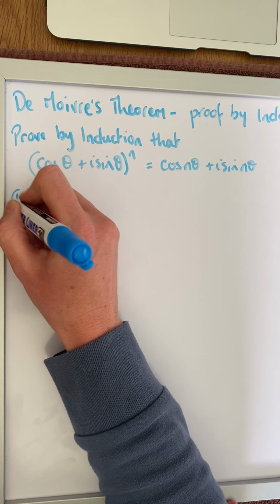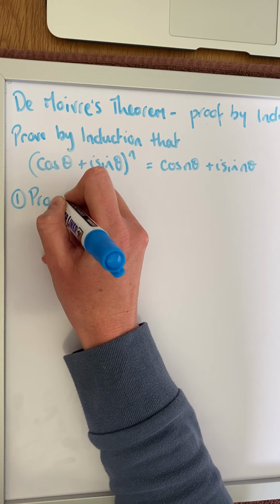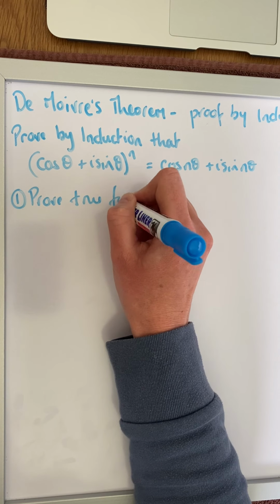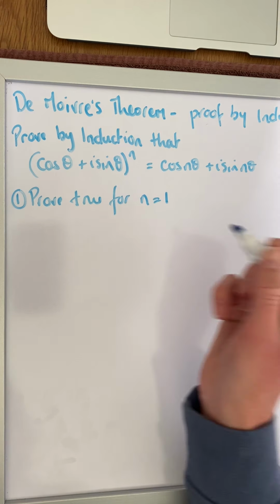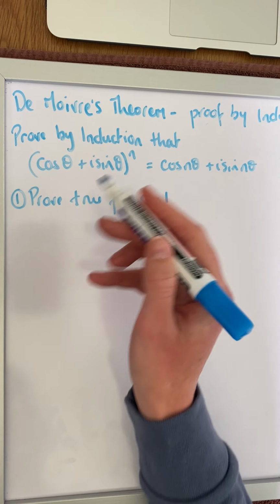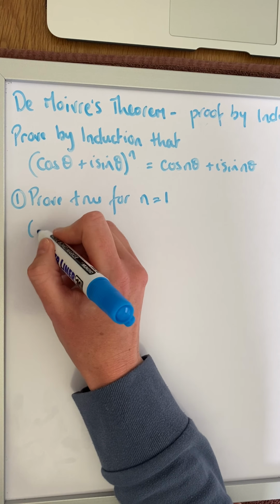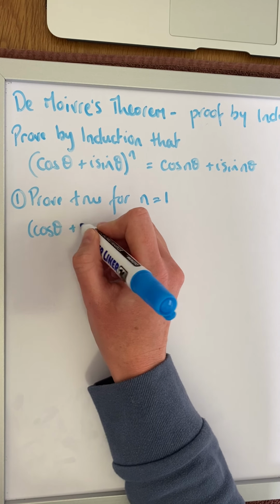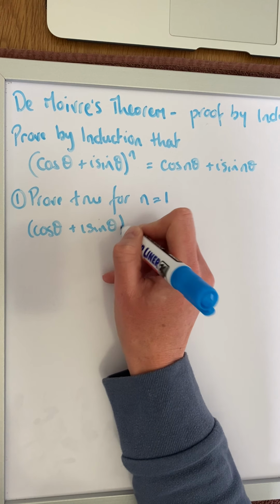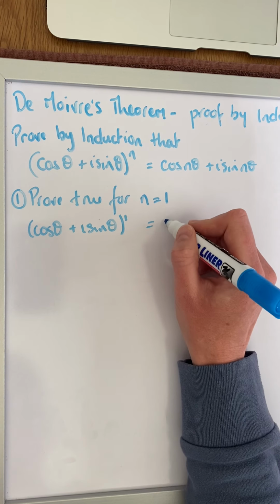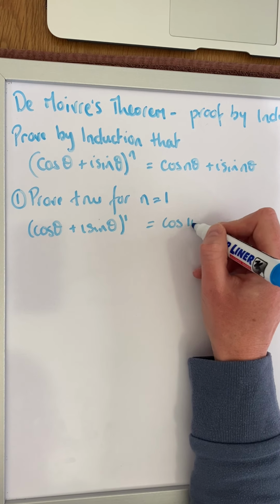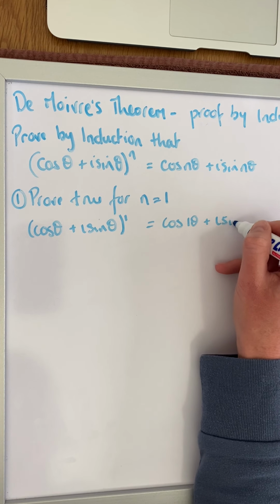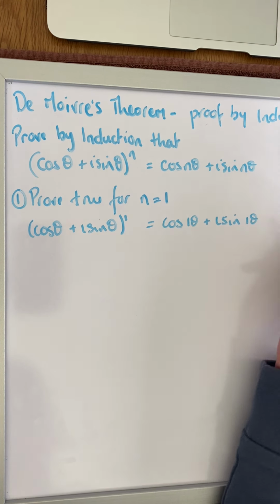So step 1 is going to be prove true for n equals 1. So we start off on the left hand side, we're going to replace the n with a 1. So we're looking at (cos theta plus i sine theta) to the power of 1, and that should be equal to cos of 1 theta plus i sine 1 theta.